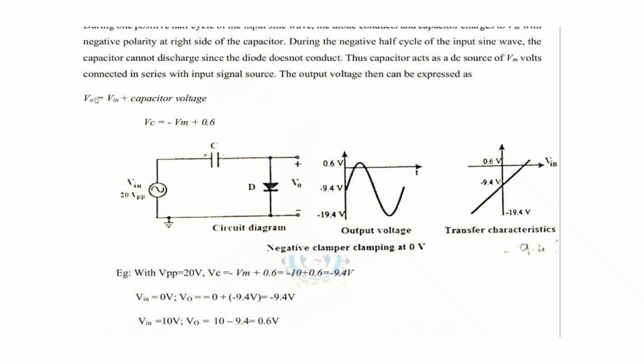Then the output voltage, in a similar way, we already did a detailed explanation for the positive clamper. Likewise, the negative clamper can also be calculated. Output voltage at three cases: when Vin equals 0 volt, when Vin equals maximum, and when Vin equals minimum, that is the minimum peak minus Vm.